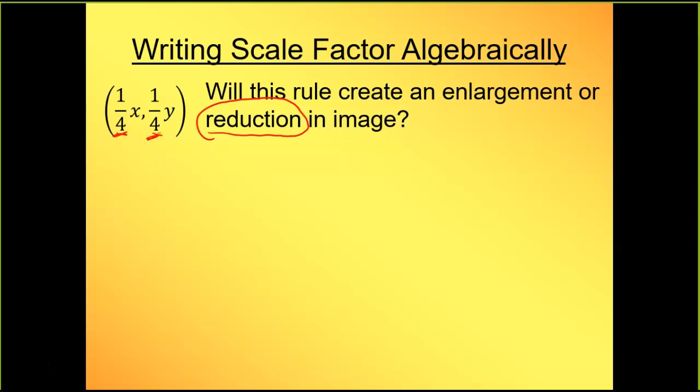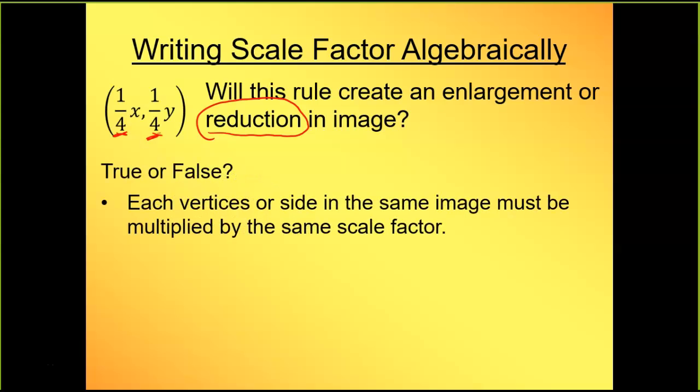All right, so let's think about some questions here. True and false. Each vertice or side in the same image must be multiplied by the same scale factor. Ooh, let's see. First of all, what's a vertice?